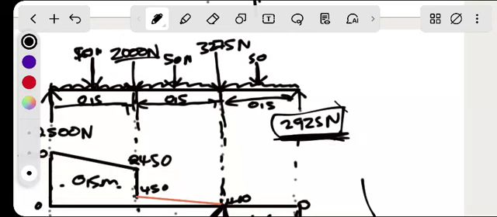If we take the moments here, we have 2000 less, and then I take this side. Taking this from the closest point where it cuts, that is where we have our bending moment. That means the bending moment is there at that point. It's cutting there.